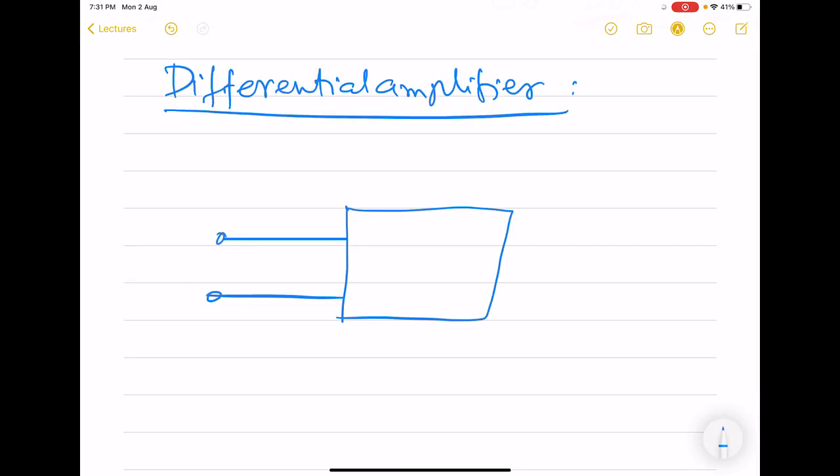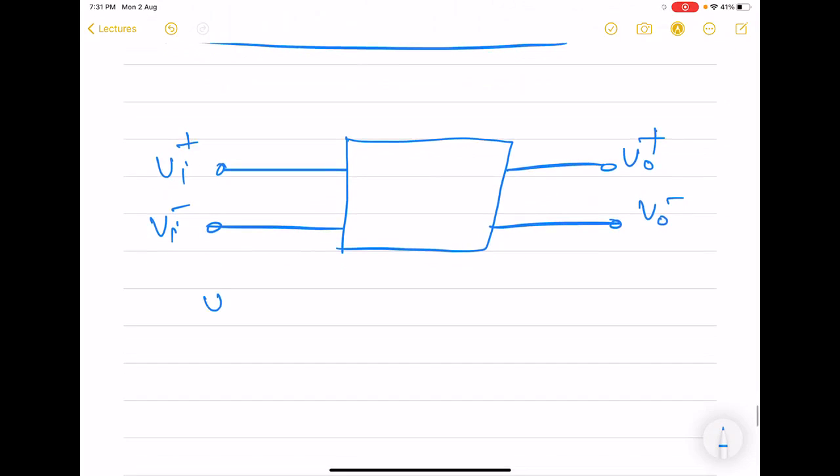So now we have our input split into Vi plus and Vi minus. Similarly, the output is also split into Vo plus and Vo minus. So the actual input is Vi plus minus Vi minus, and the actual output is Vo plus minus Vo minus.